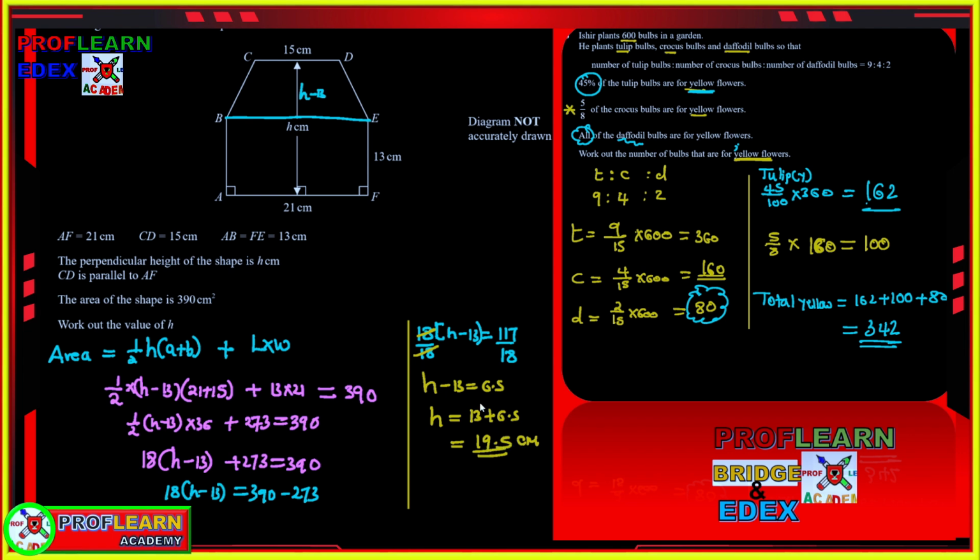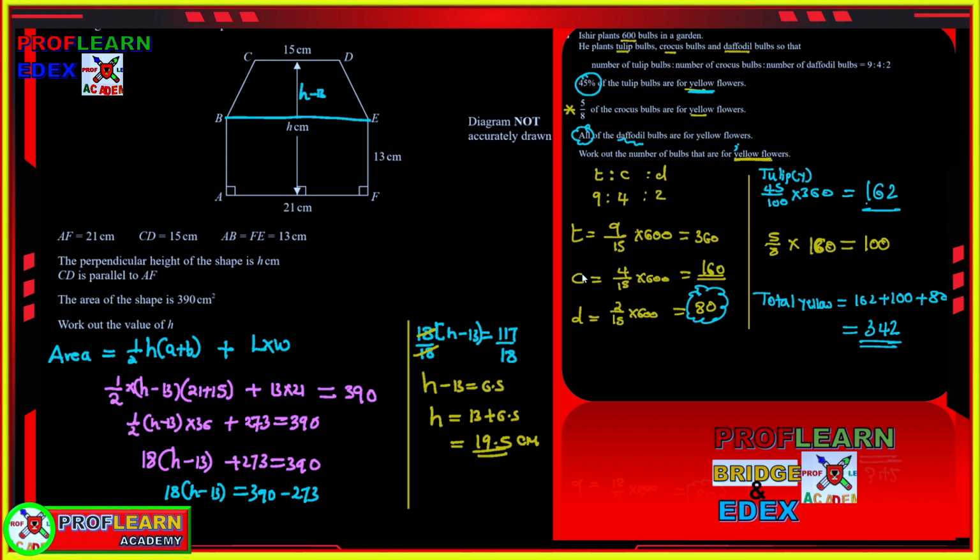Another area that you need to know is how to work with ratios. And remember, if you're having this as a ratio, it means the total ratio is going to be 9 plus 4 plus 2, which is going to translate to 15. Because the total number of bulbs that were planted was 600, if we want to know the tulip bulbs, the fraction for tulip will be 9 over 15 times 600.